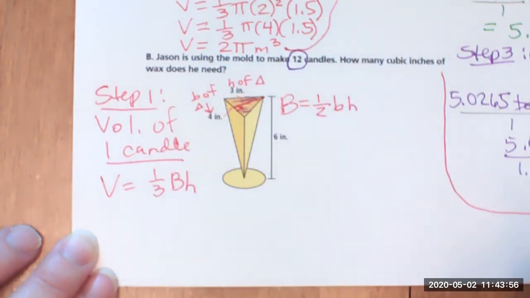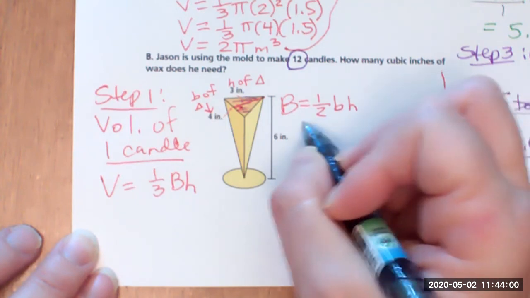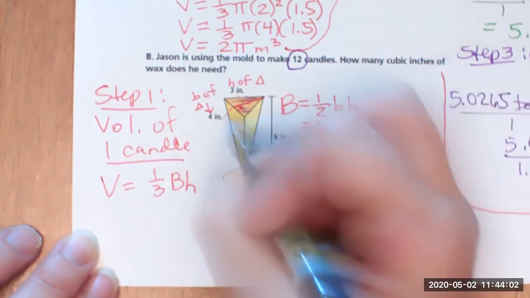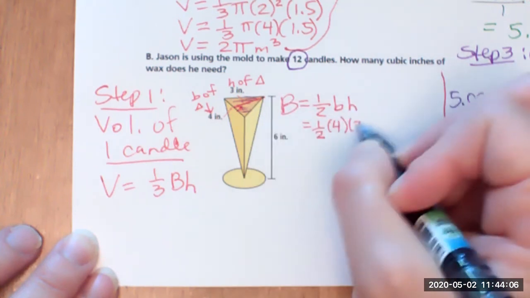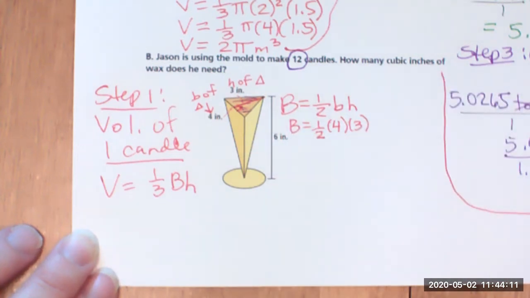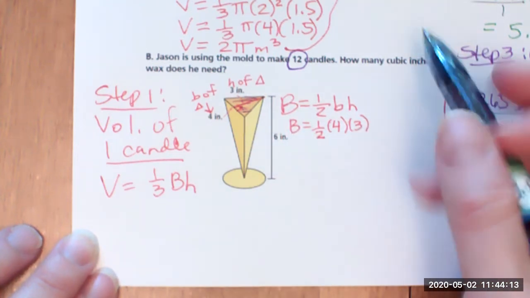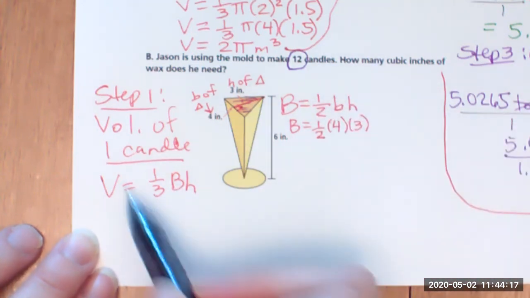So basically you're just saying 1/2 of the base of the triangle, which is 4, times the height of the triangle, which is 3, and that is going to be substituted in for B. You could calculate that over here if you wanted to, or just do it all at once in the volume formula.